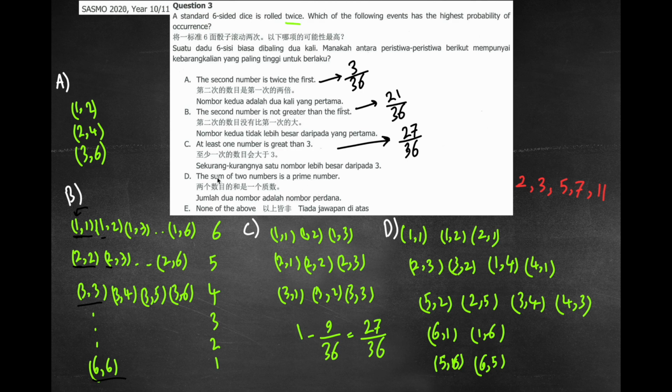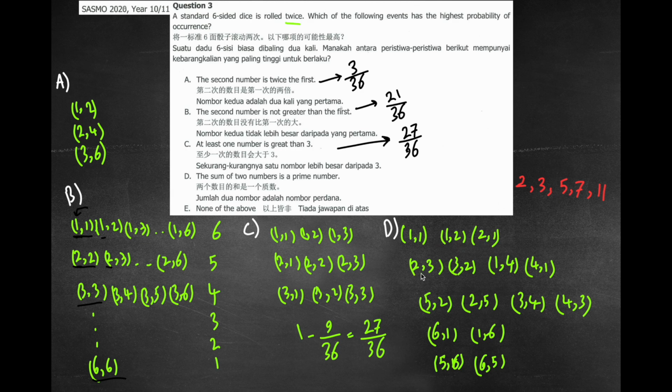And for part D, we're supposed to find the probability that the sum of the two numbers is a prime number. I have listed all the possible prime numbers we could get, given that the biggest number on a die is 6, so the maximum sum is 12 and the maximum prime we should expect is 11. How can we get a 2? There's only one way: 1 and 1. For 3, we could get 1 and 2 or 2 and 1.